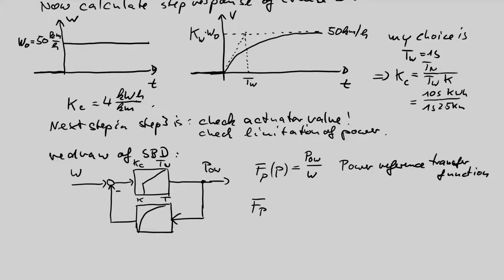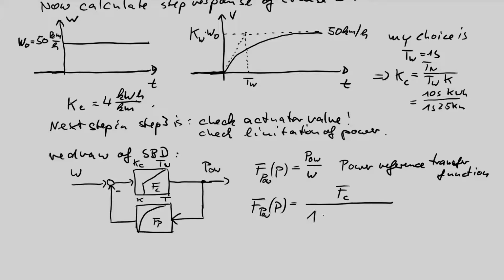So the first step is I calculate the power reference transfer function by using signal block diagram methods. That's the reason why we have done this. This is the controller, this is the process. And we know, okay, in the numerator we have to write the block from input to output, which is now only FC.